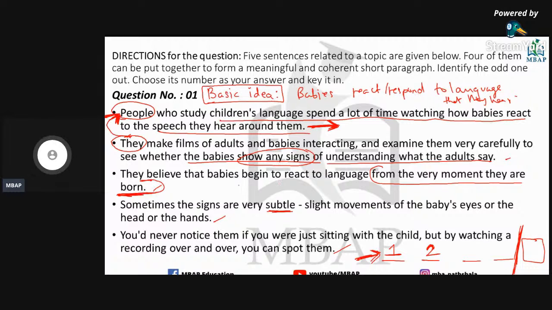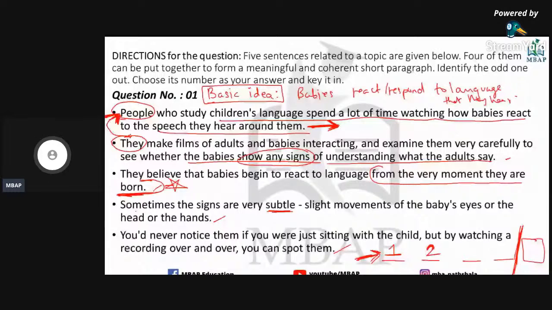It says that this is the time from which the babies begin to react. It nowhere talks about how they react, what their sign language is, or in what manner they respond to the speech they hear around them. So this is a very general statement. We'll keep this on hold. It is not a part of this arrangement as of now. Okay, let's move ahead.